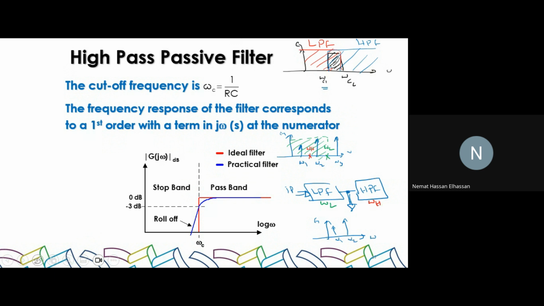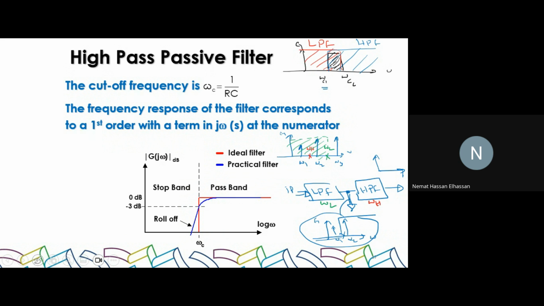This will be the input to the high pass, right? So what would you see after the second stage here? What will I see? Because this here will be considered input to the high pass filter. And the high pass filter frequency is here, between them, which means higher than it will pass, lower than it will be blocked. So what do I see at the output? Omega 2. Only omega 2, only the middle one, right?